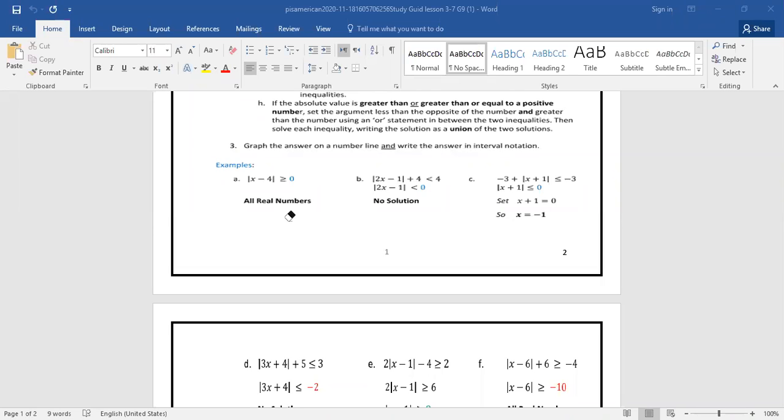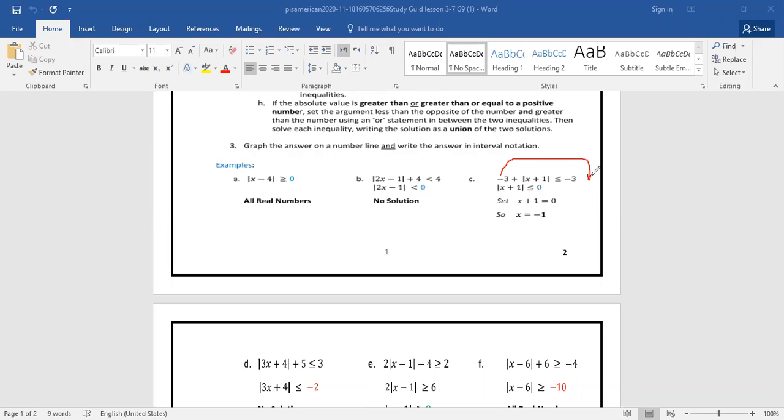What about if the question will be -3? Look at this question. -3 plus absolute value x plus 1 less than or equal -3. We are looking for the value of x which will substitute this inequality, which will make this inequality correct. Then I'm going to transfer -3 to the opposite side.